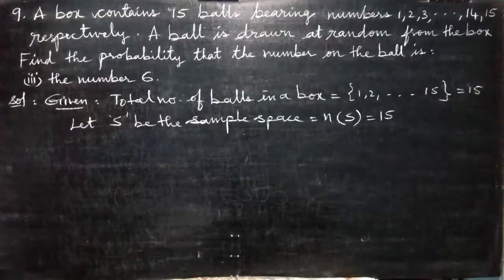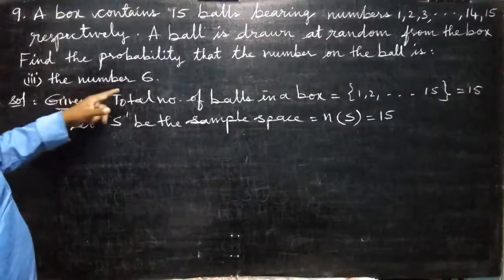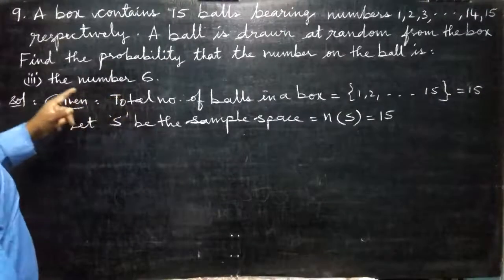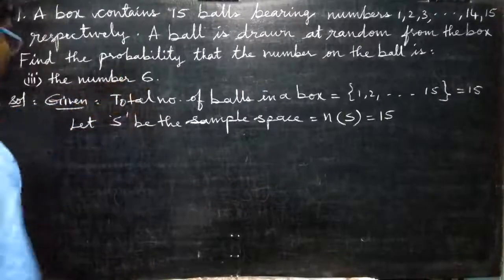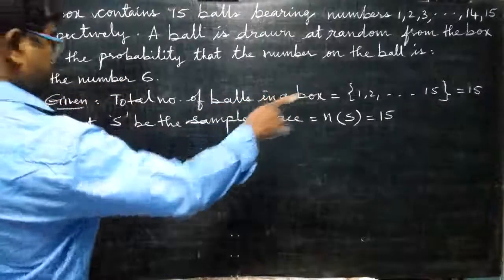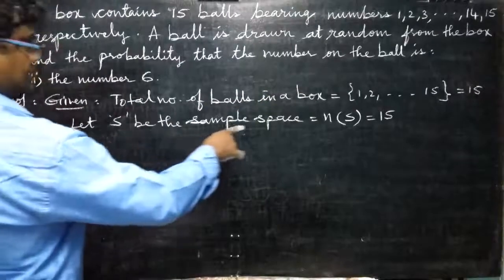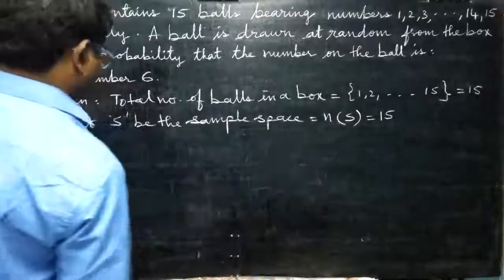Now third bit, we are going to find the probability that the number on the ball when drawn at random should be 6. So same, total number of balls 15. Let S be the sample space and N of S is equal to 15.